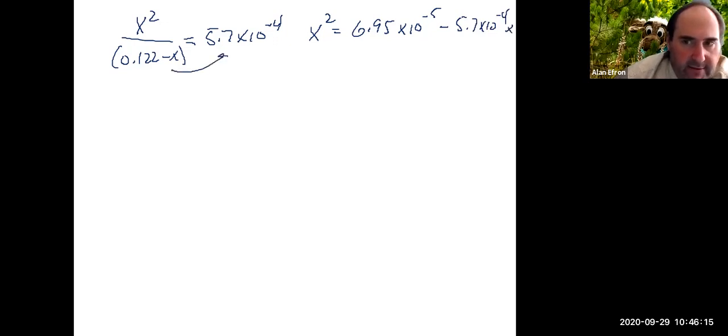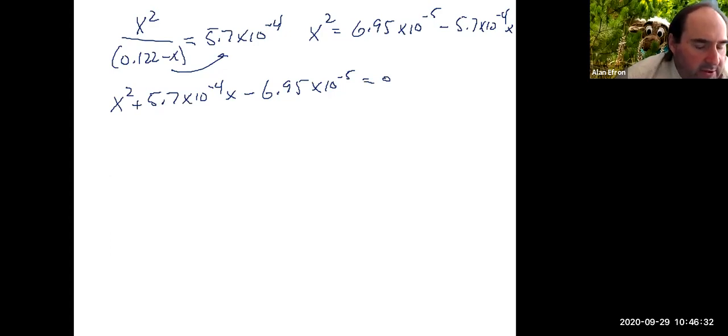Bringing everybody together on one side will get us x squared plus 5.7 times 10 to the minus 4 x minus 6.95 times 10 to the minus 5 equals 0. That would be our quadratic.